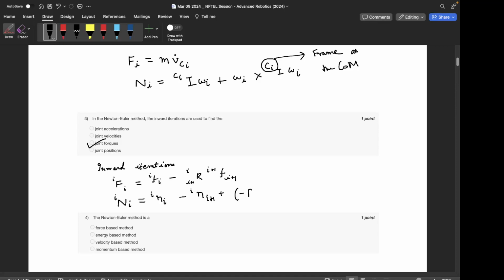So again, the point to note here is that on the left hand side we have torque about the center of mass, so on the right hand side we need to express the distances with respect to the center of mass of the link. That's why you see the subscript in the distance, that is the position vector. This is ci. So basically we are writing everything with respect to the center of mass of the link.